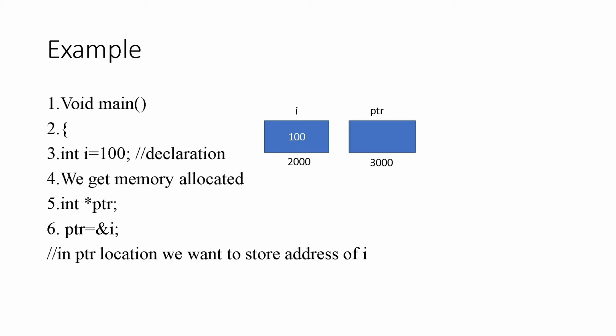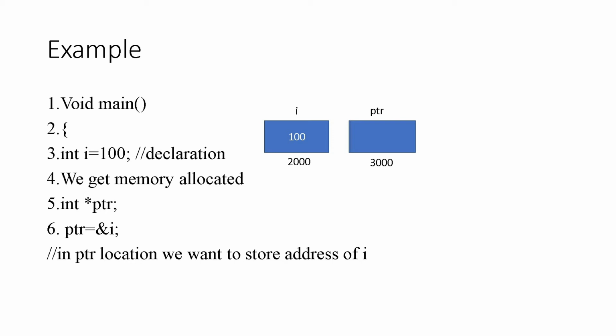Next, once the memory is allocated to int I, let us initialize the pointer variable int star ptr. In line number 6, we are assigning the address of I to the ptr. What is the address of I? The address of I is 2000. So 2000 will be assigned to ptr.